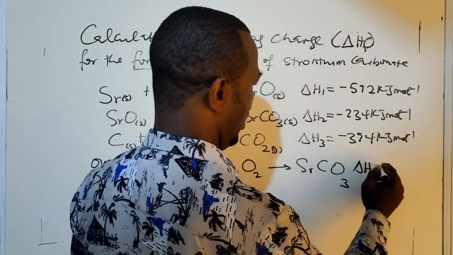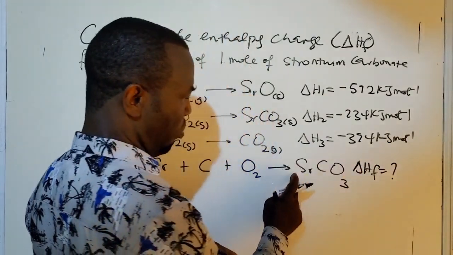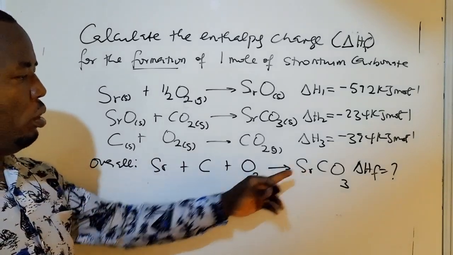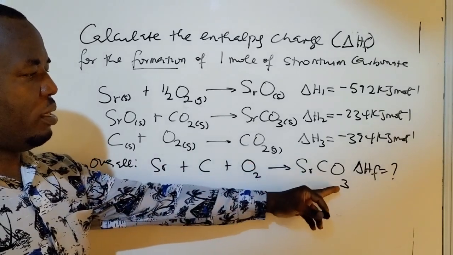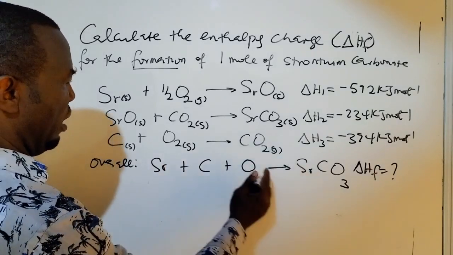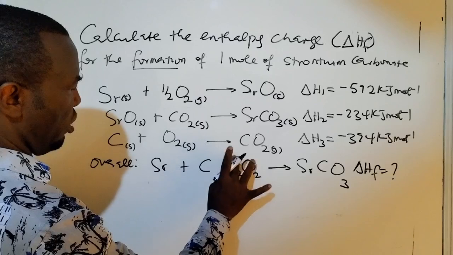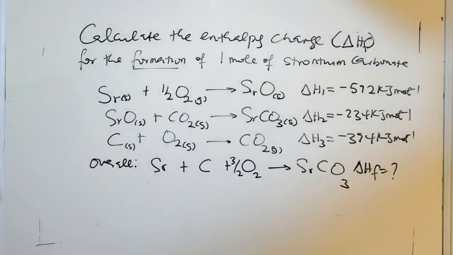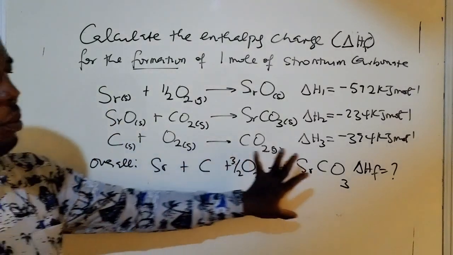So you make sure that this place is kept as 1 mole. Then balance the equation. To balance it, strontium is 1, carbon is 1, oxygen is 3. To maintain 1 mole here, I need 3/2 on this side, or 3/2 times 2 gives you 3. So this is the equation for the formation of strontium carbonate.